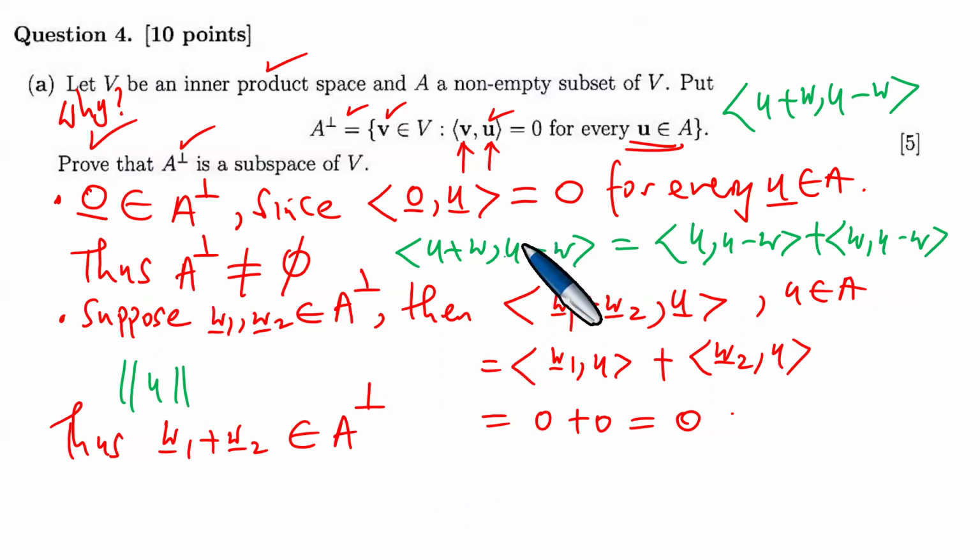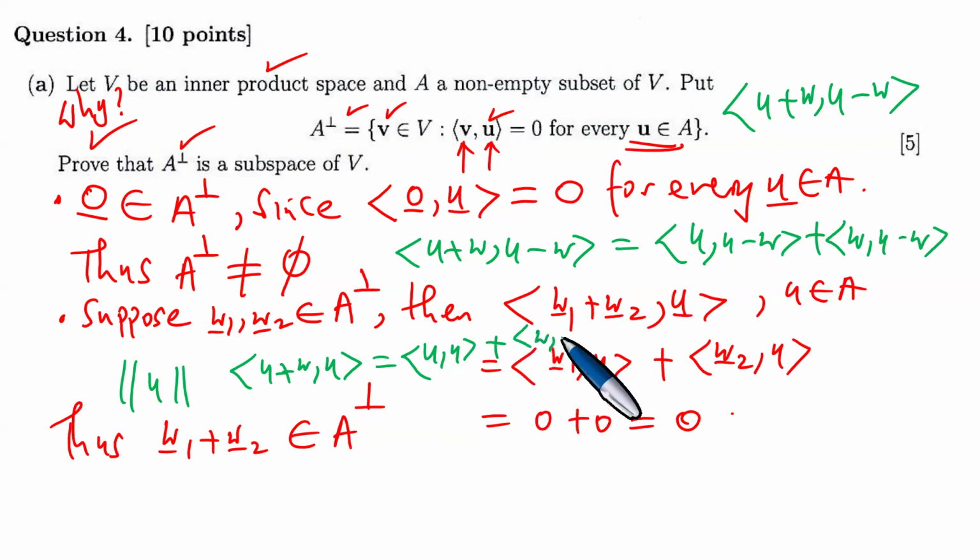So if you treat this as one vector, then you expand. Yes, something like that. I'm just showing how, because you need to know the properties of the inner product, because if you give these to a student who has not learned the properties, they might do wrong expansions here.